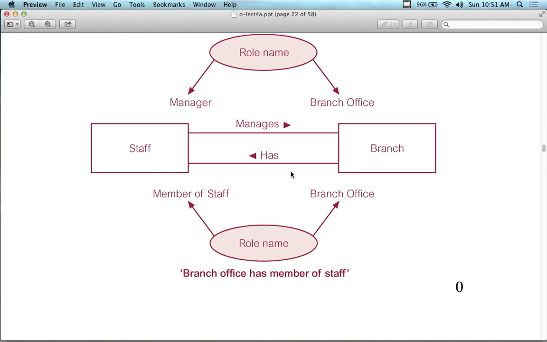I probably would have just written one line and put both roles on the line, which is more the object-oriented way of doing it. You're not going to lose points if you have multiple lines versus one line, or 3 lines instead of 2 lines, or 5 lines instead of 1 line. I really don't care. I'm looking to see, did you identify the relationship or relationships? Did you get one or more than one?